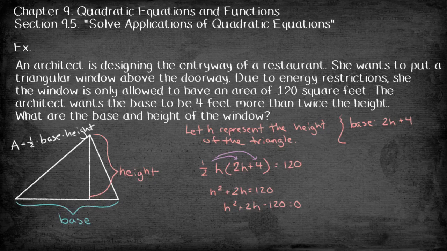All right, so since I'm tired, I'm just going to use the quadratic formula. That way I don't have to think about things that multiply to give me 120. So off to the side here, I'll do that.